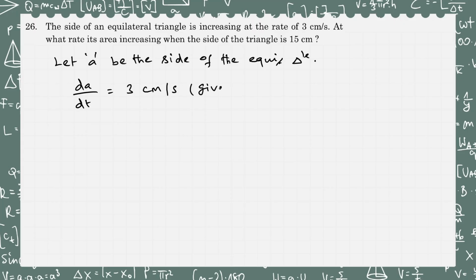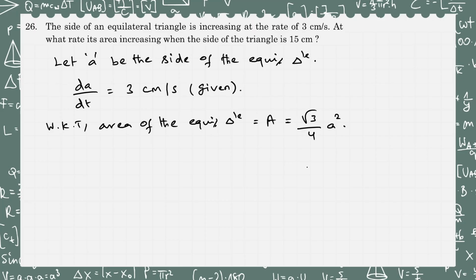This is given. Right? Now what we need to find is rate of change of area. dA by dt we need to find out. We know that area of the equilateral triangle is A equal to root 3 by 4 a square.